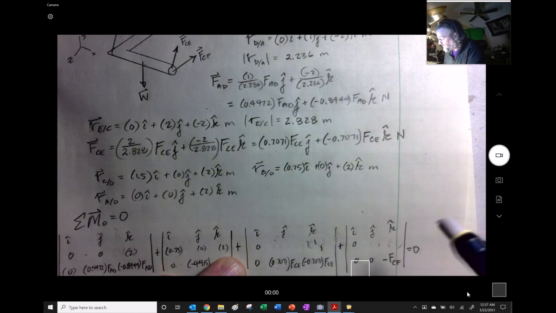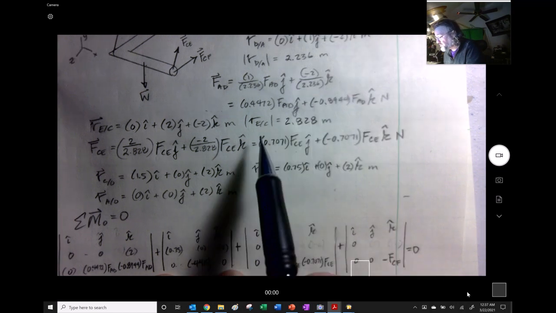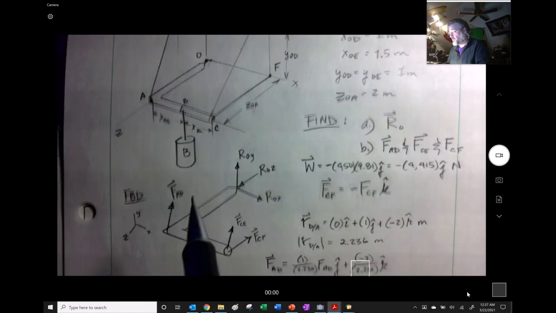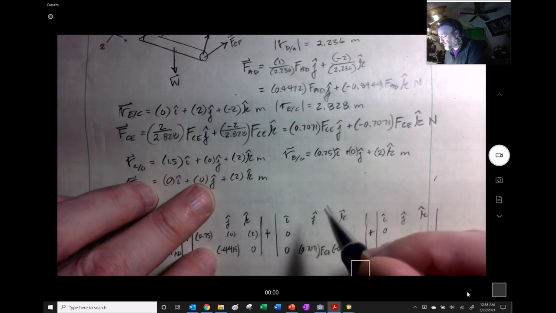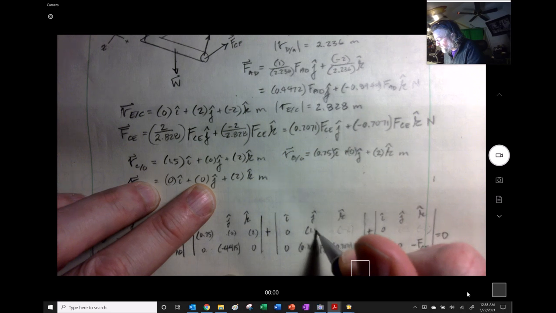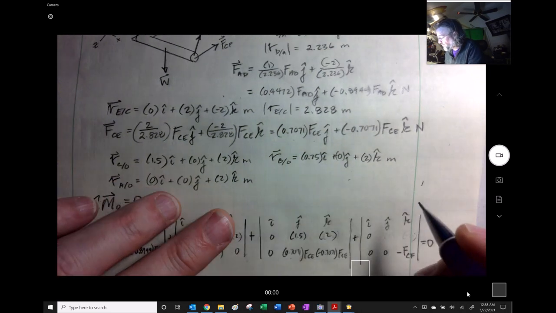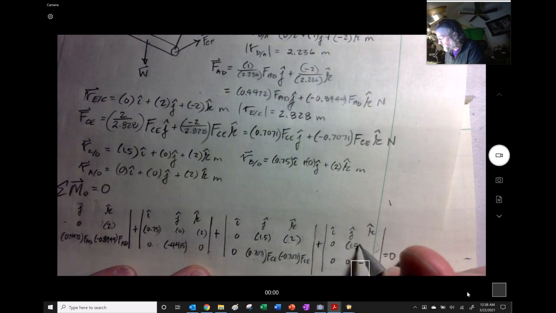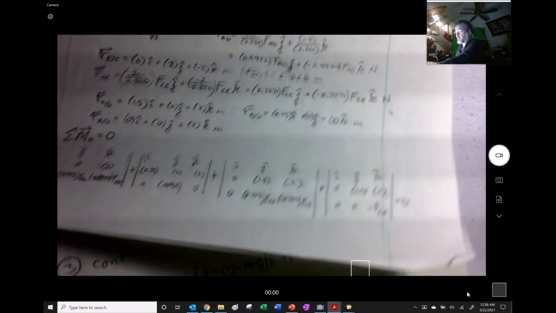I'm just tired and I was messing up, and I think I just looked up somewhere right up in here. But we need to get C with respect to O. So it needs to be this one right here. So it's going to be 1.5 and 2, and they're both positive, and it should be 1.5 for both places.